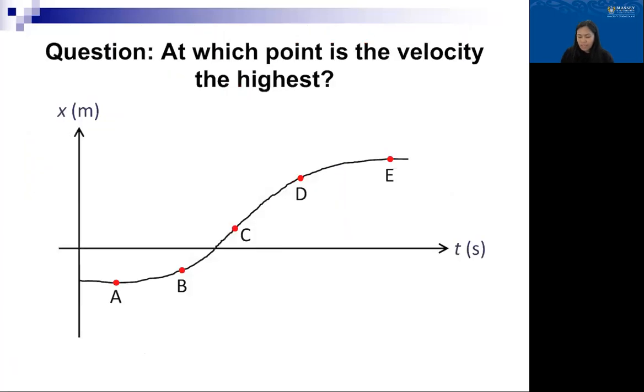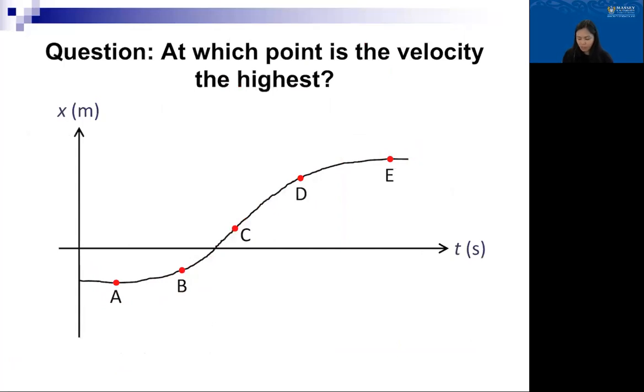Okay, so say with this question here, you have a displacement versus time graph that goes like this curved way. At which point is the velocity the highest? We're just talking about the instantaneous velocity. When will the instantaneous velocity be greatest or highest?